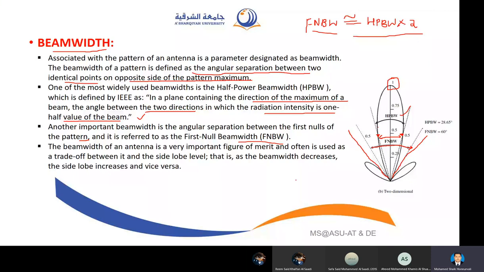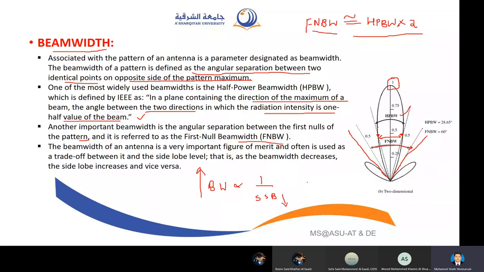So it says that beam width is inversely proportional to the side lobe level ratio, SLL. If the beam width value is very high, that means there is a very low side lobe level.